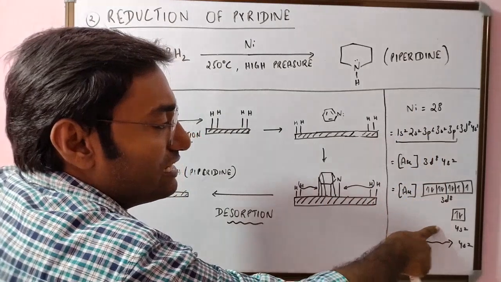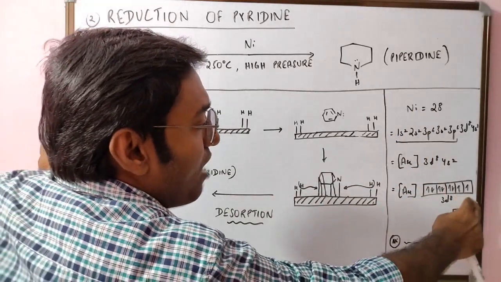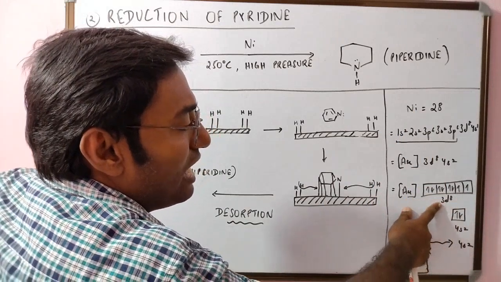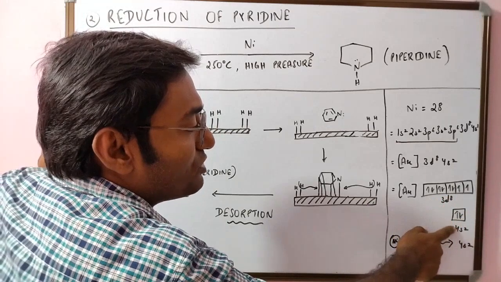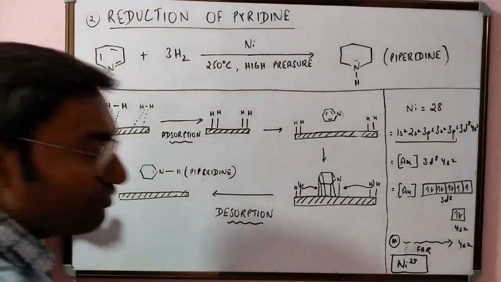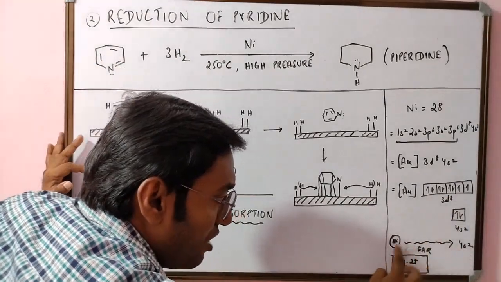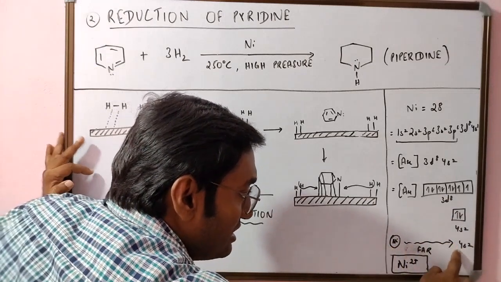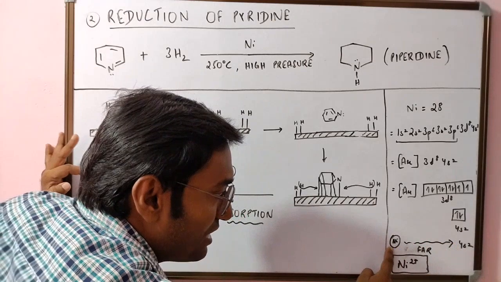As we can see, there are two half-filled orbitals in the 3d8 set, and it also has a 4s2 orbital which is fully filled. However, the 4s2 orbital is far from the nickel nucleus, and therefore it is under the least influence of the nickel nucleus.